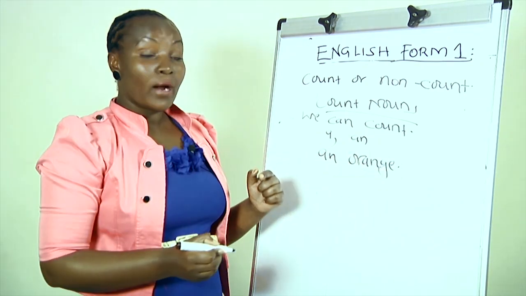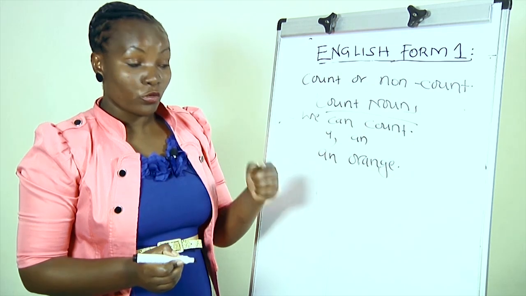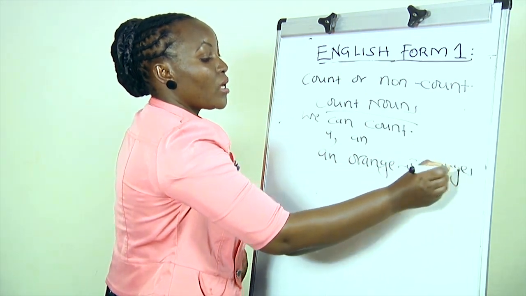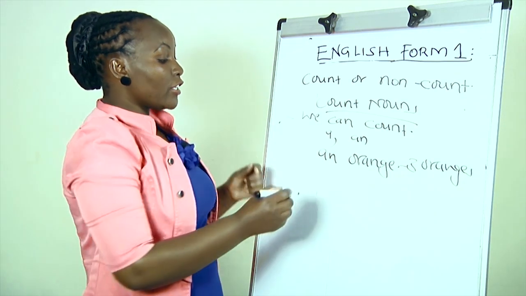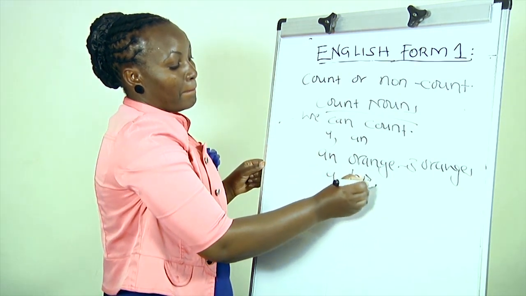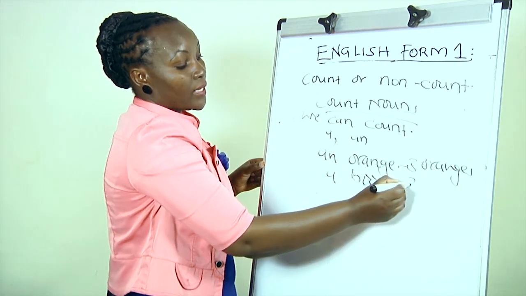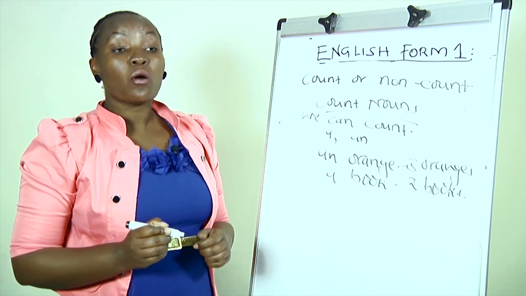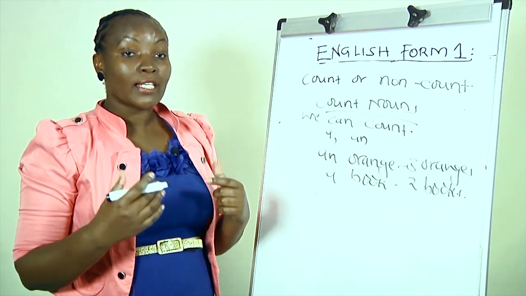And in their plural form, I might say, give me 3 oranges. I can use numbers. I can also say, give me a book, or give me 2 books. So you realize that count nouns, we can actually count 1, 2, 3.